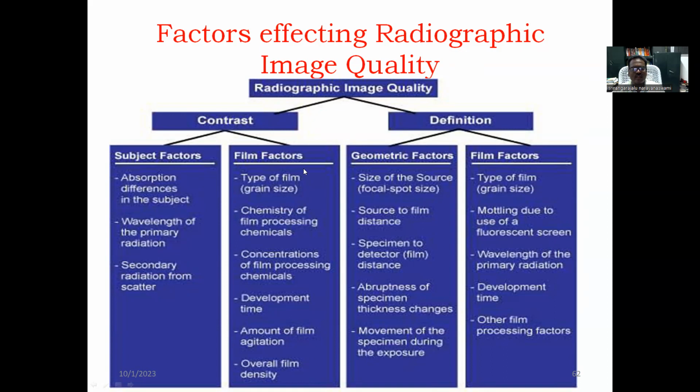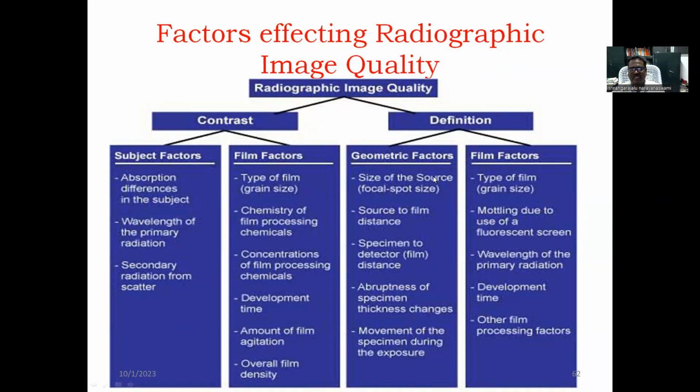Film factors: type of the film, grain size, chemistry of the film processing chemicals, concentration of film processing chemicals, development time, amount of film agitation, overall film density.